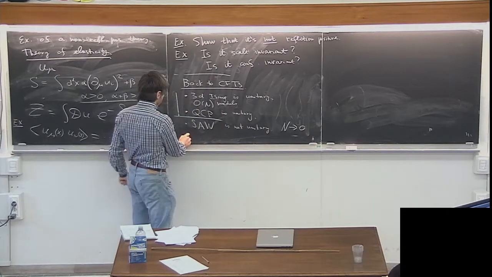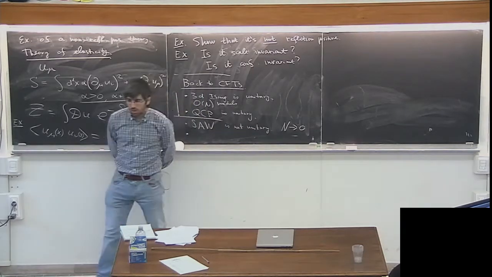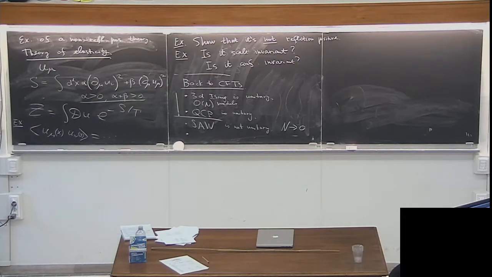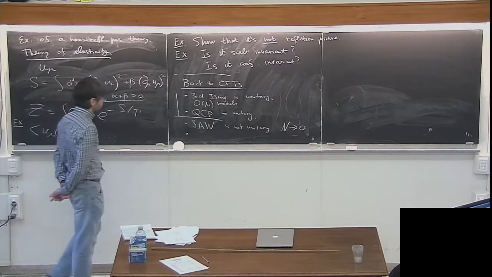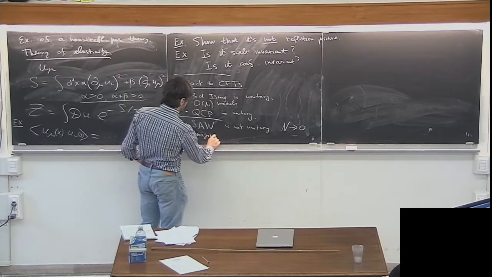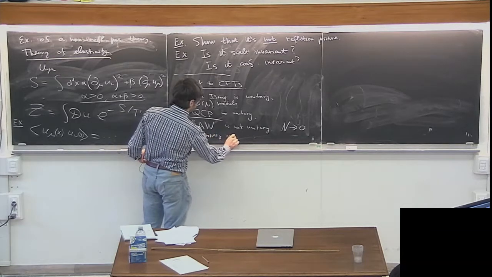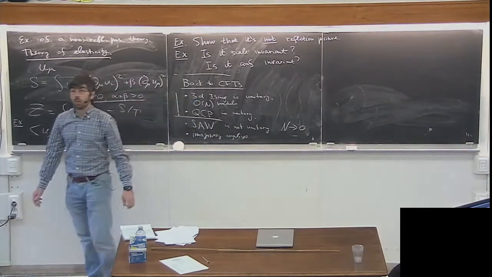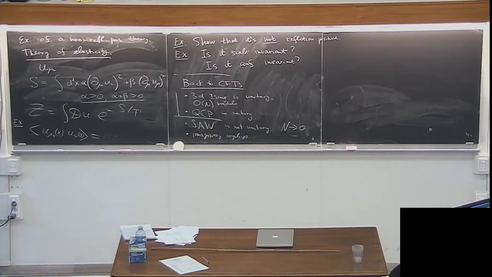Another way you can get non-unitary theories is by turning on imaginary couplings. That's perhaps a more intuitive way. For example, you can take the Ising model and put it in an imaginary magnetic field.